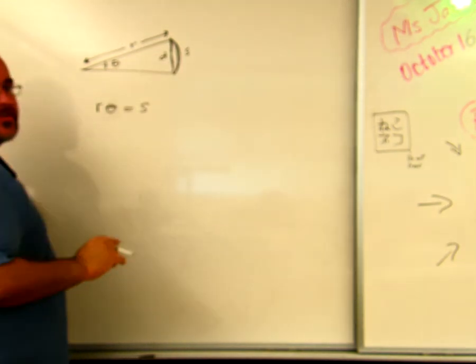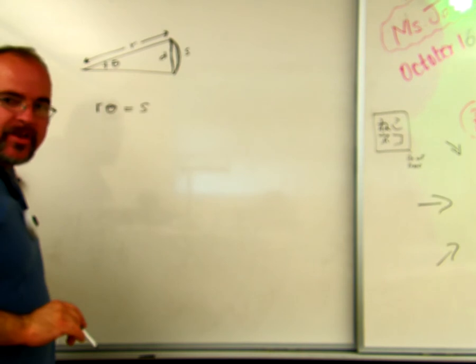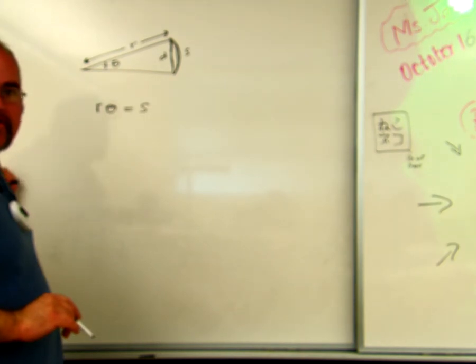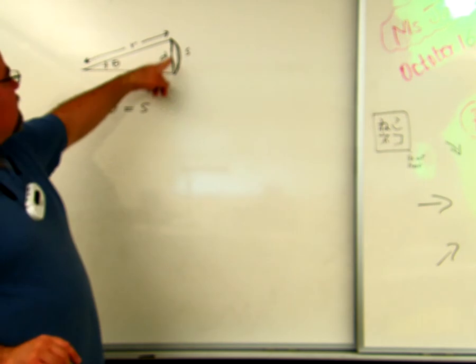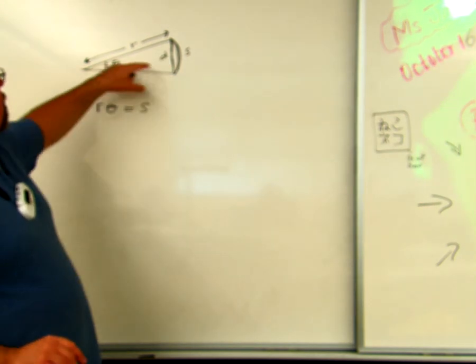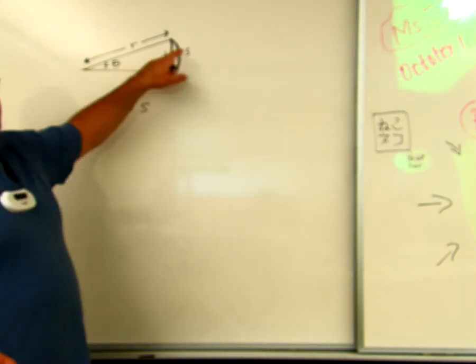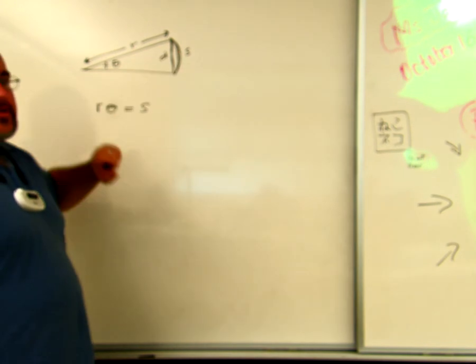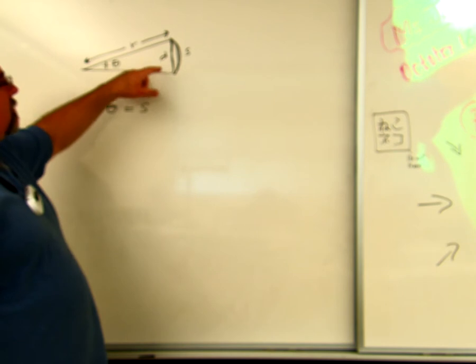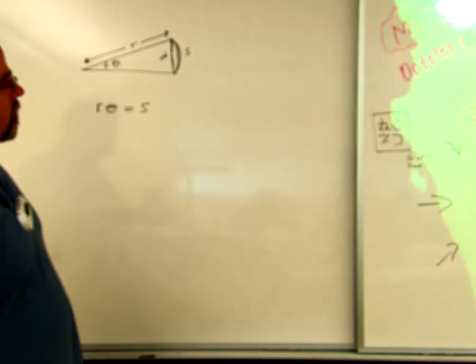Everybody on board with that? When the angle is small, D approximates S. Do you see that as the angle gets smaller? For both of these, you can kind of figure that out.